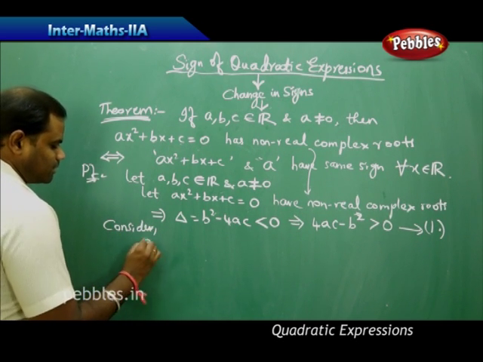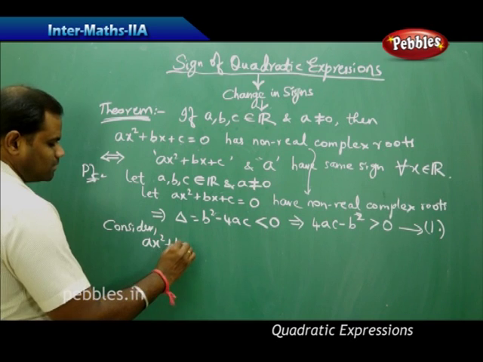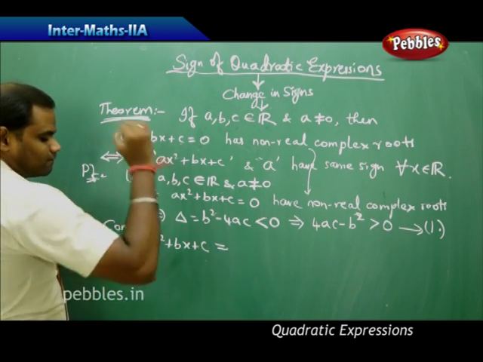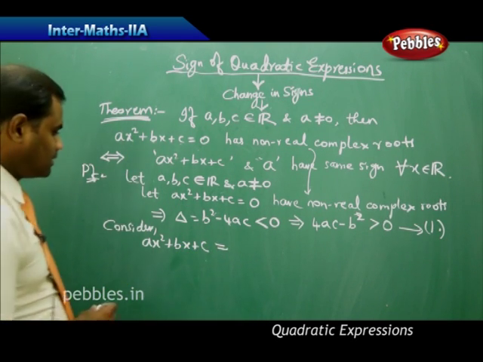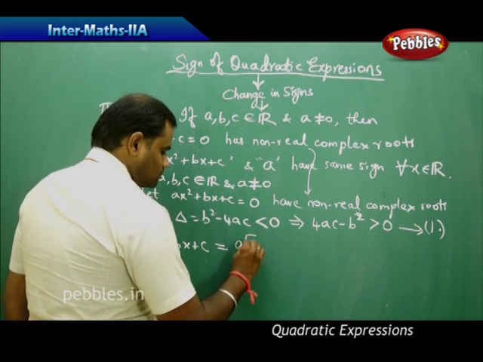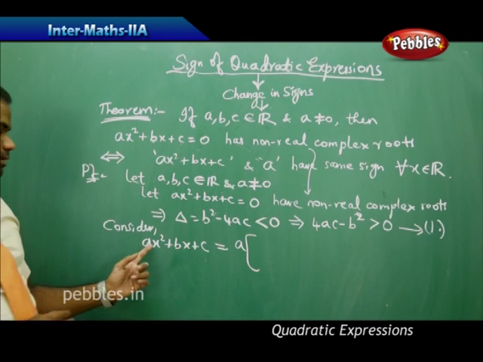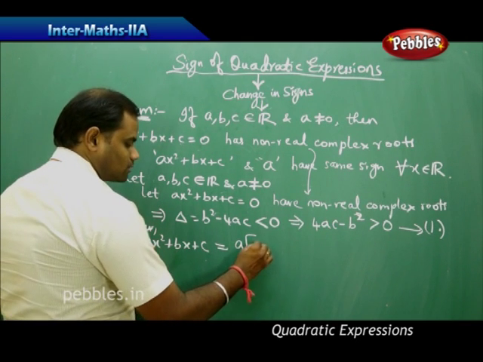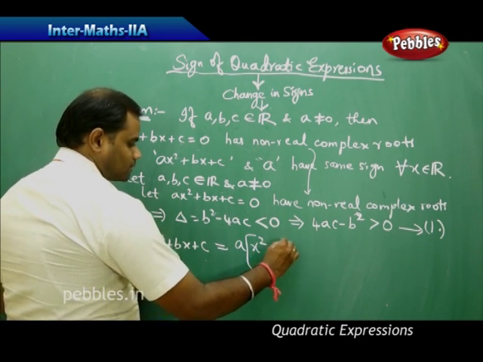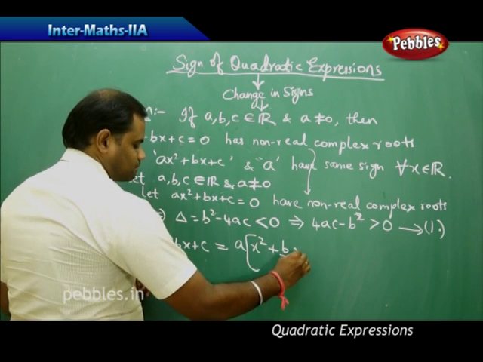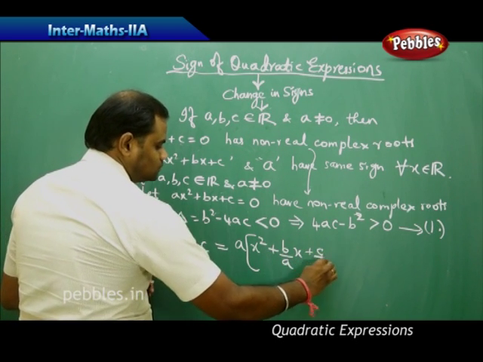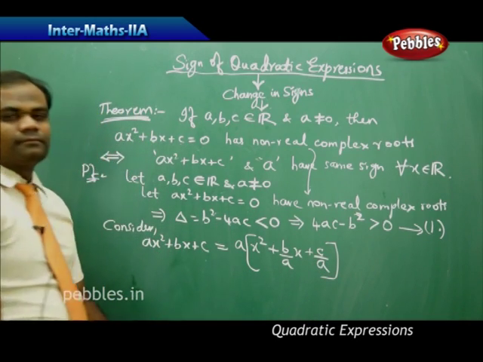So the quadratic expression ax squared plus bx plus c, which I considered, I take a common out here. So what happens when I take a common from this entire expression is that when I take a out, this comes as x squared plus b over a x.